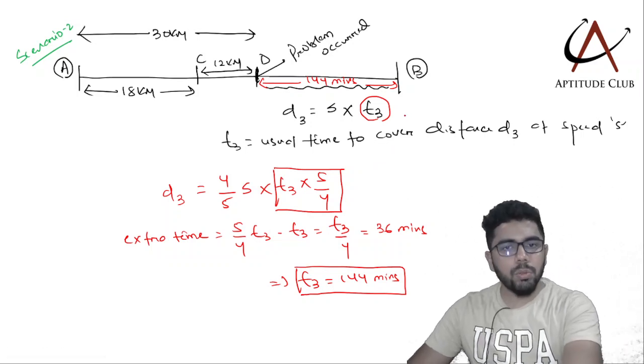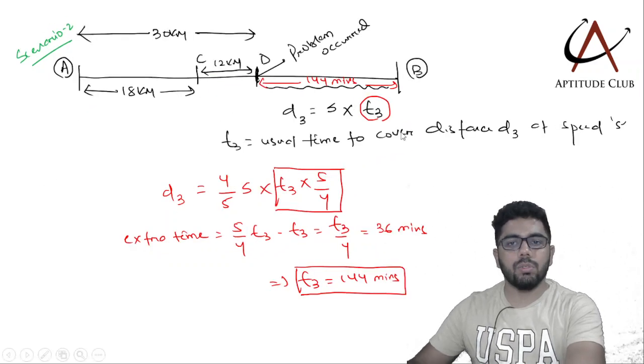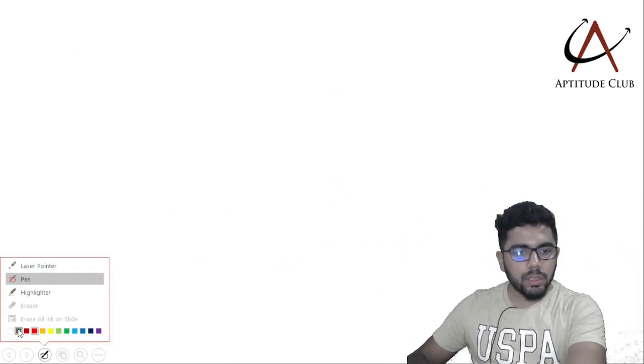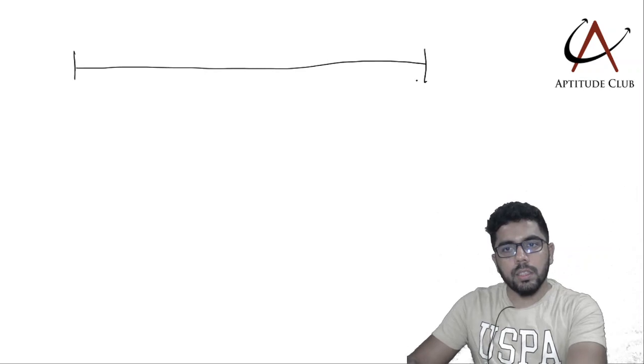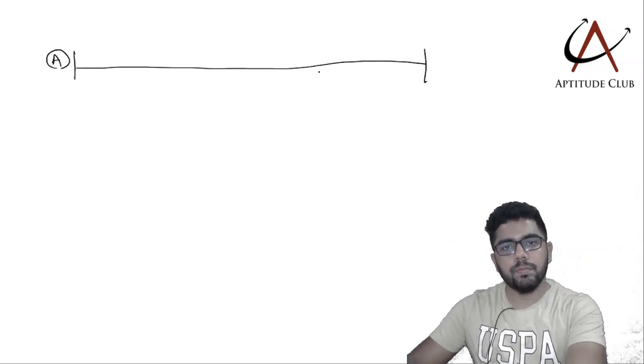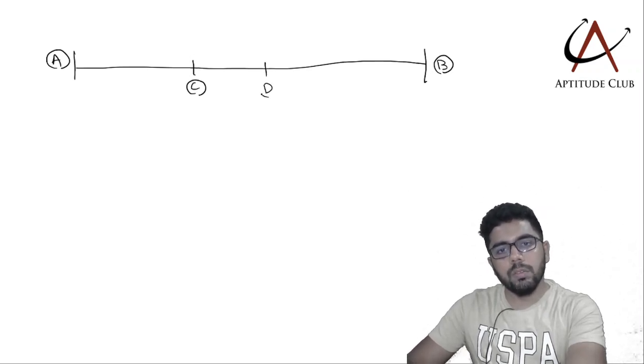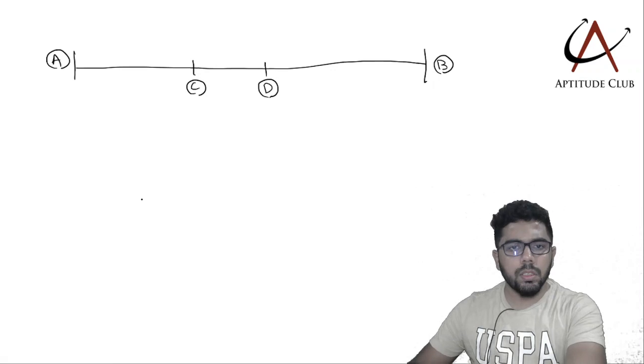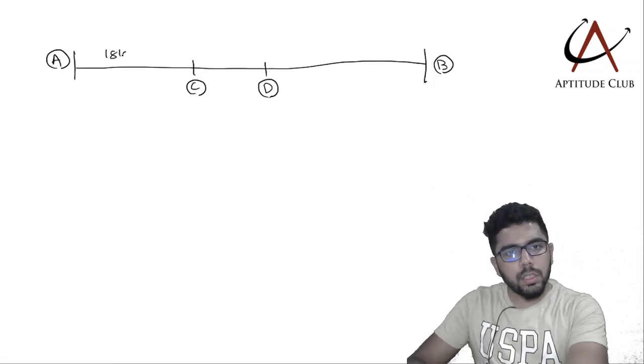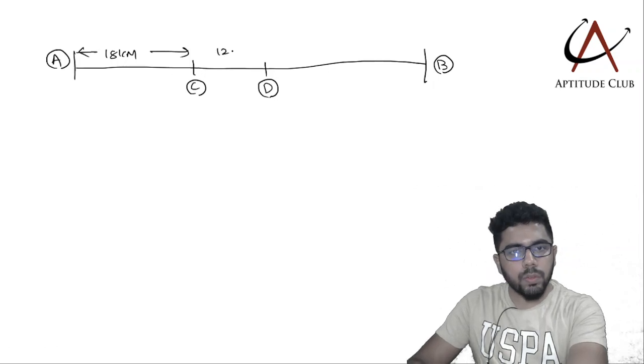Now if I combine both these scenarios, scenario 1 and scenario 2, the diagram would look like this. There's the starting point A and the destination point B. There is this point C where the problem initially occurred, and there is this point D where the second scenario problem occurred. This distance is 18 kilometers. This distance is 12 kilometers.